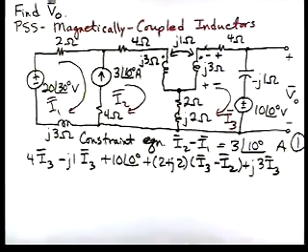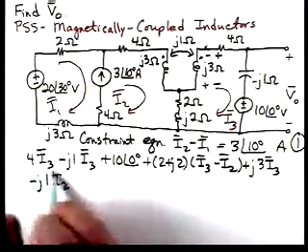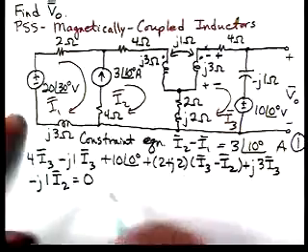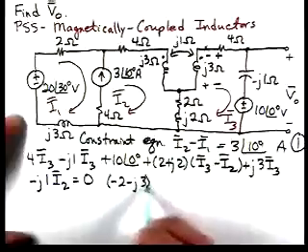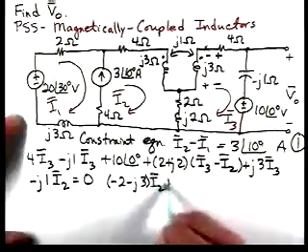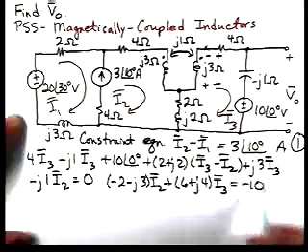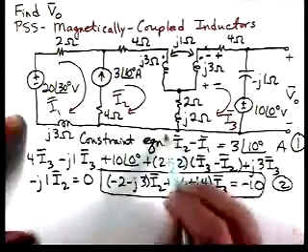Note that that term is the opposite polarity of this, so then we have a minus J1 I2 equal to 0. So if we simplify this equation, we'll come out with minus 2 minus J3 times I2 plus 6 plus J4 I3 equal to minus 10. Okay, so here's our second equation.